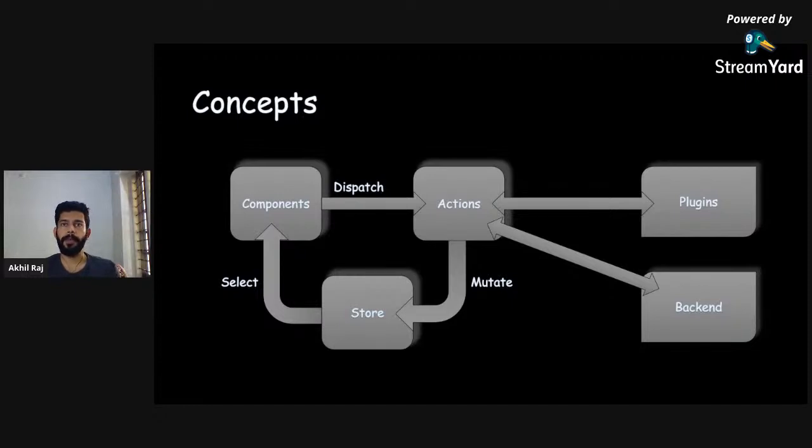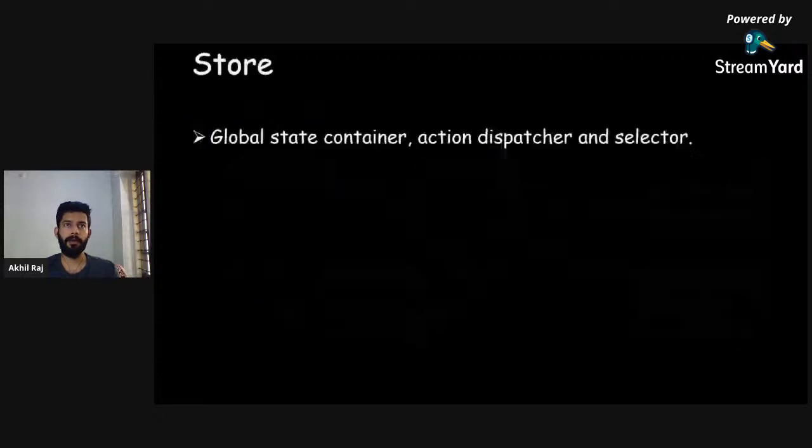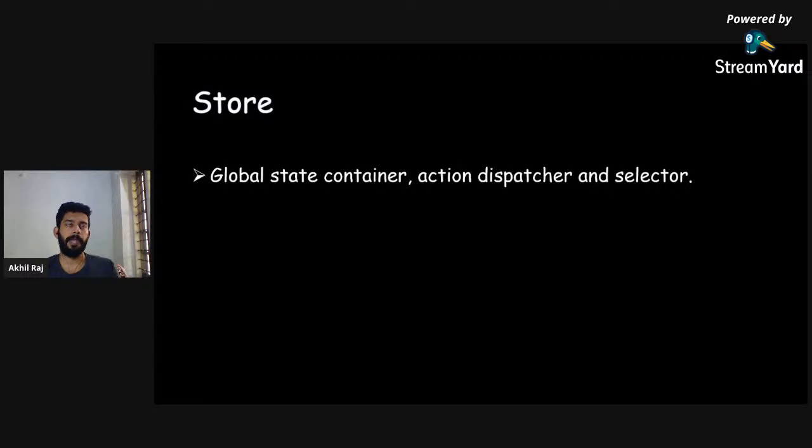These are the main concepts we follow in NGXS. I think it is simpler than the NGRX library, because there are reducers and effects, and all those things make a larger architecture in the state management concept. So I think all are clear, and we can go on with the store.